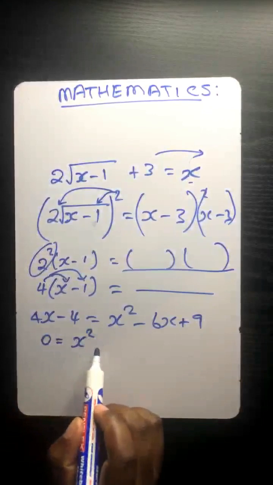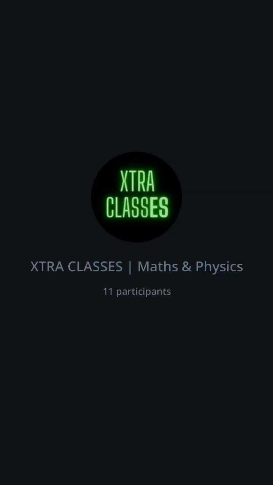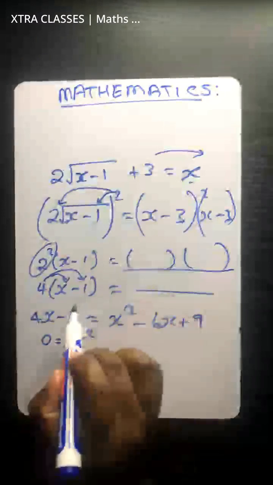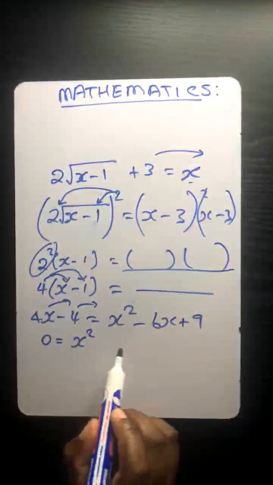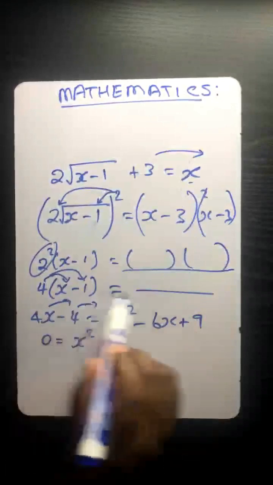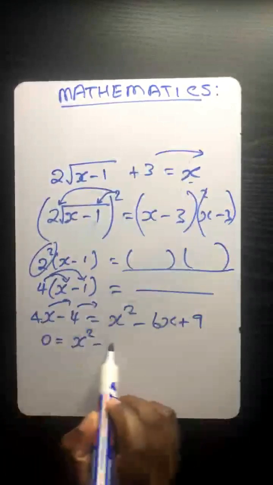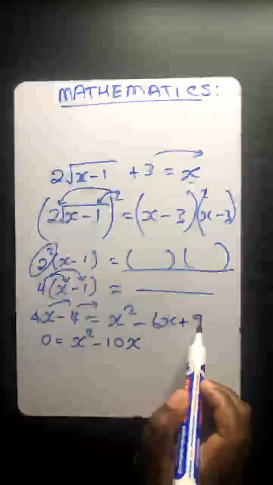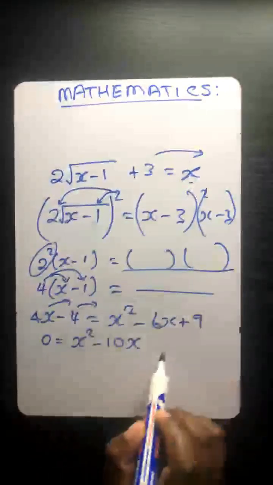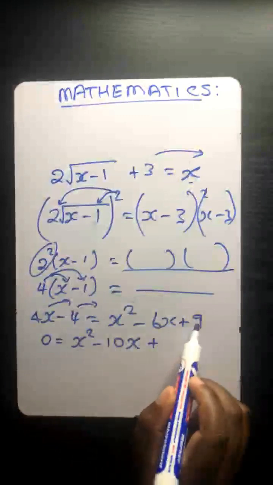It's because you realize already on this side x squared is positive. That's why you take everything to the other side. Then when you take this, it's minus 4. So that means you're having minus 10x when you work it out. And then this one becomes plus 4. Then it becomes 10, 13.